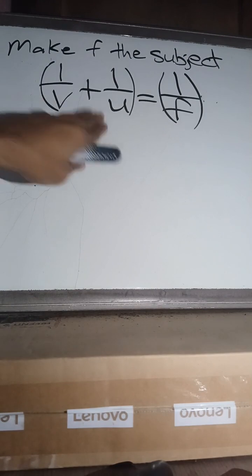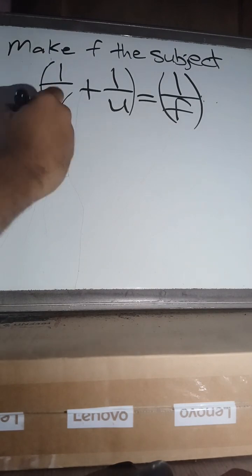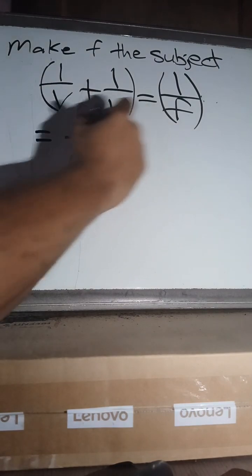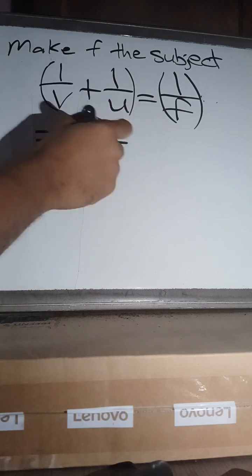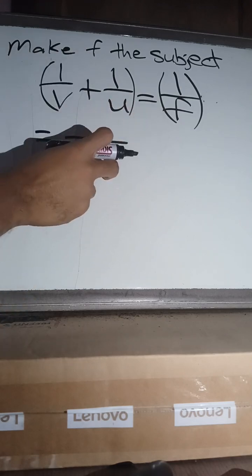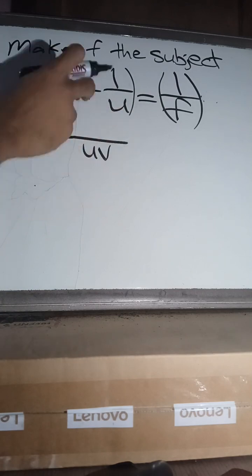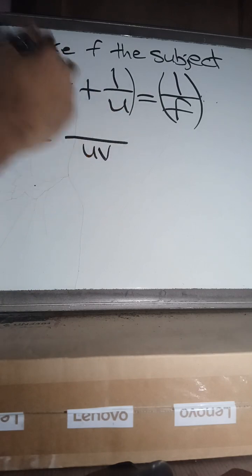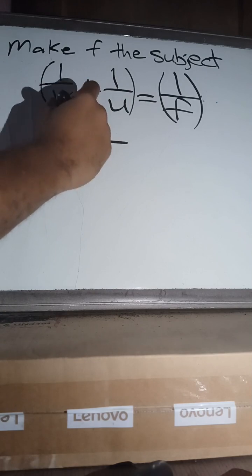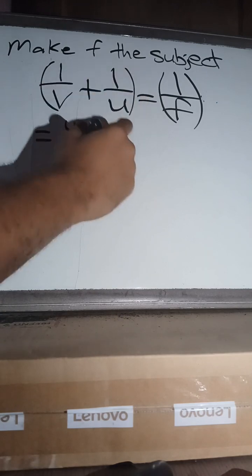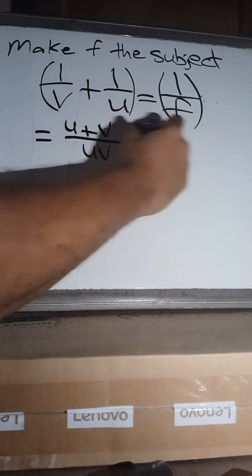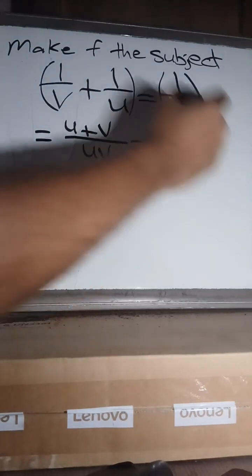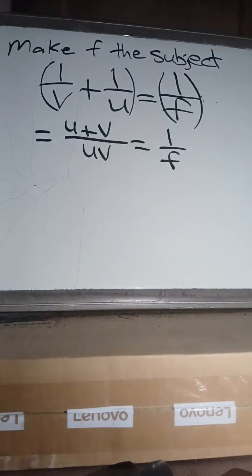I could try to simplify this part here, so I will end up with UV. Well, if you divide UV by that, you end up with U, and you end up with V. Yeah, it makes sense, because now you just cross multiply.